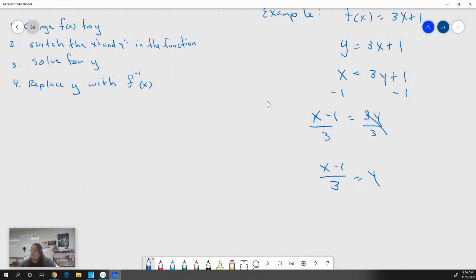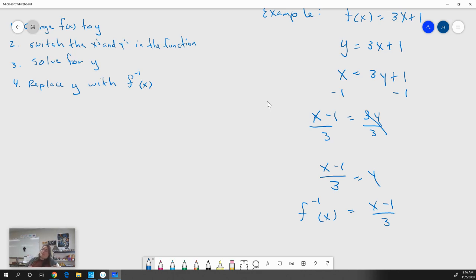I'm going to put the y first because I like it that way. But remember here, I have to replace my y with f inverse of x. So I'm going to have f inverse of x equals x minus 1 over 3.